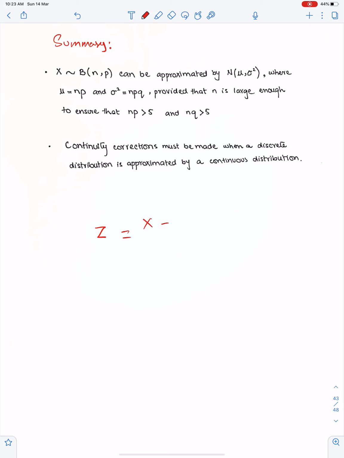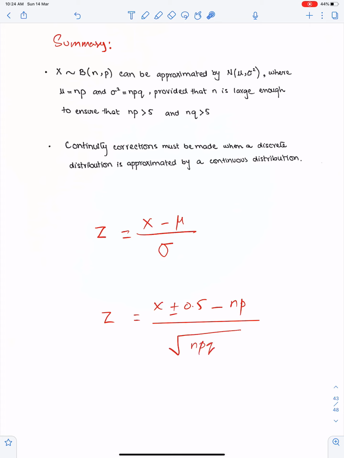X minus mu over sigma will be converted in this way: X plus minus 0.5, np, npq. We use this formula in the normal approximation. We decide plus minus 0.5 through the number line, and we always place np here and npq under root here.